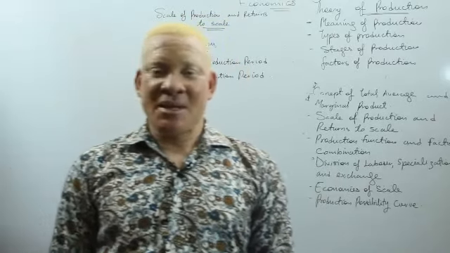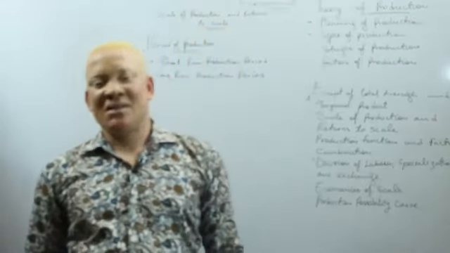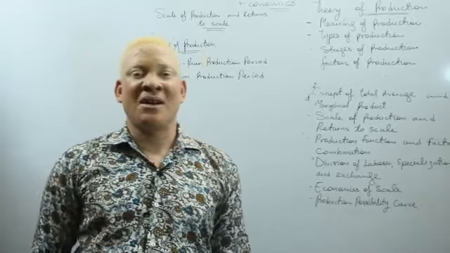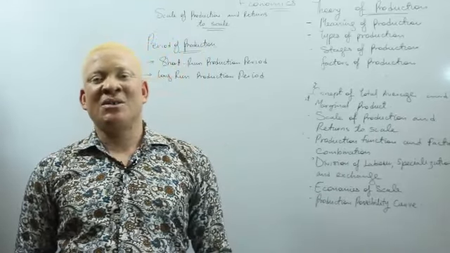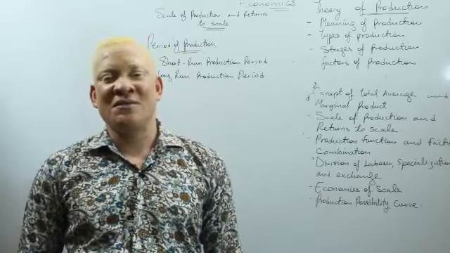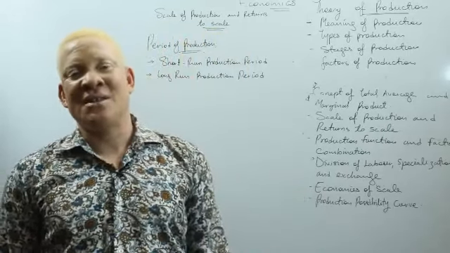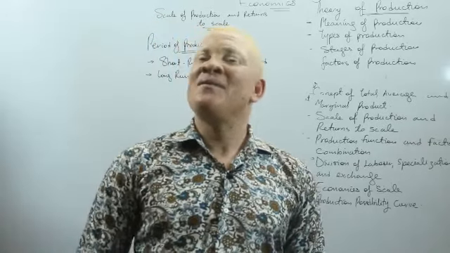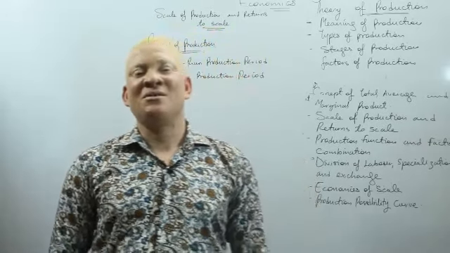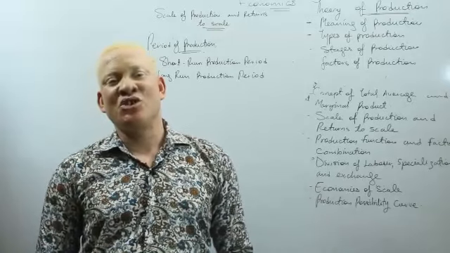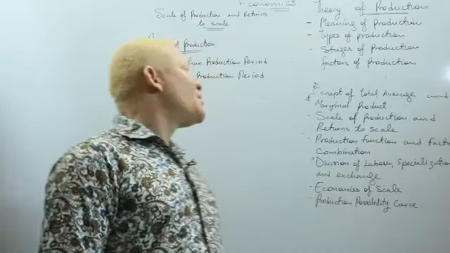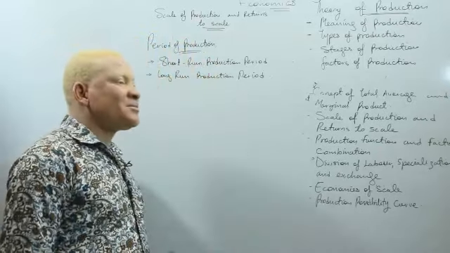Now, where the capital is varying, then capital becomes the variable factor, but there is at least one fixed factor. In some other cases, it could just be only the premises that is fixed and every other thing varies. But provided we have one fixed factor, we refer to that firm as operating within the short run period.